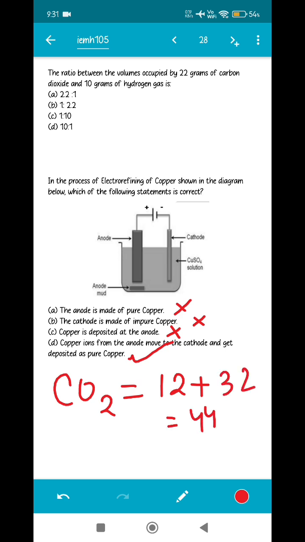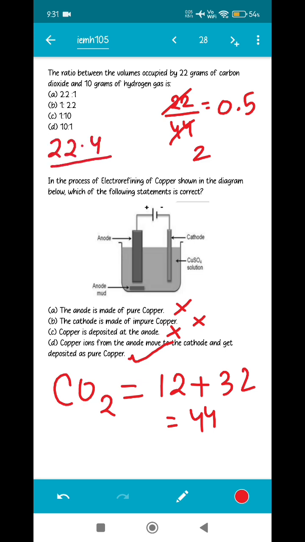So the number of moles of carbon dioxide will be 22 divided by 44, given mass divided by molecular mass, so 0.5. So we know that 1 mole occupies 22.4 liter. So 0.5 moles will occupy 22.4 divided by 2. So I can write it as 11.2.